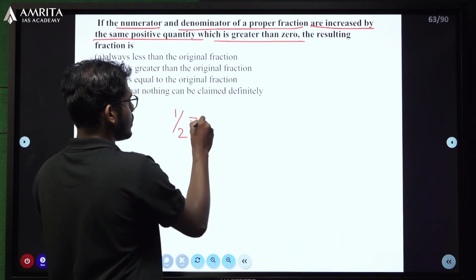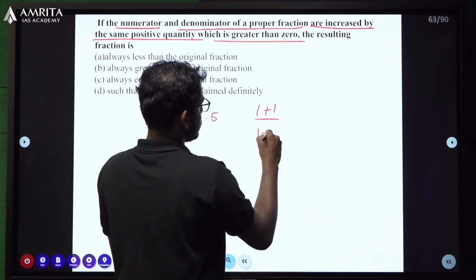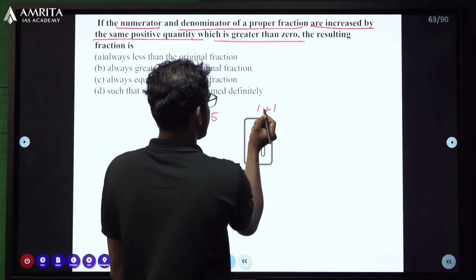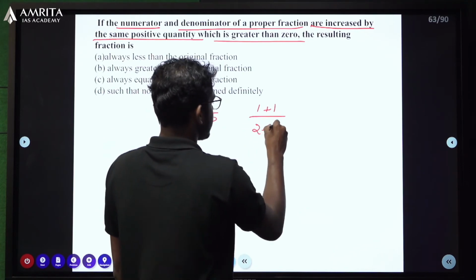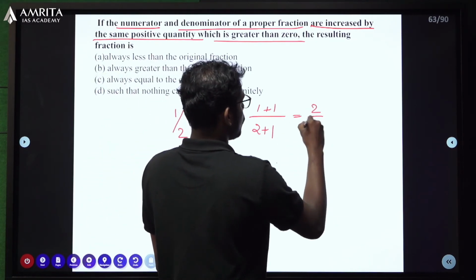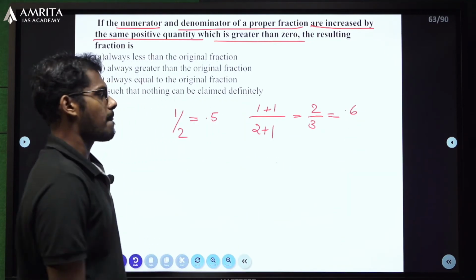The value of 1 by 2 is 0.5. If 1 is added on numerator and denominator, 1 plus 1 is 2, 2 plus 1 is 3, 2 by 3 is 0.6. Clear?